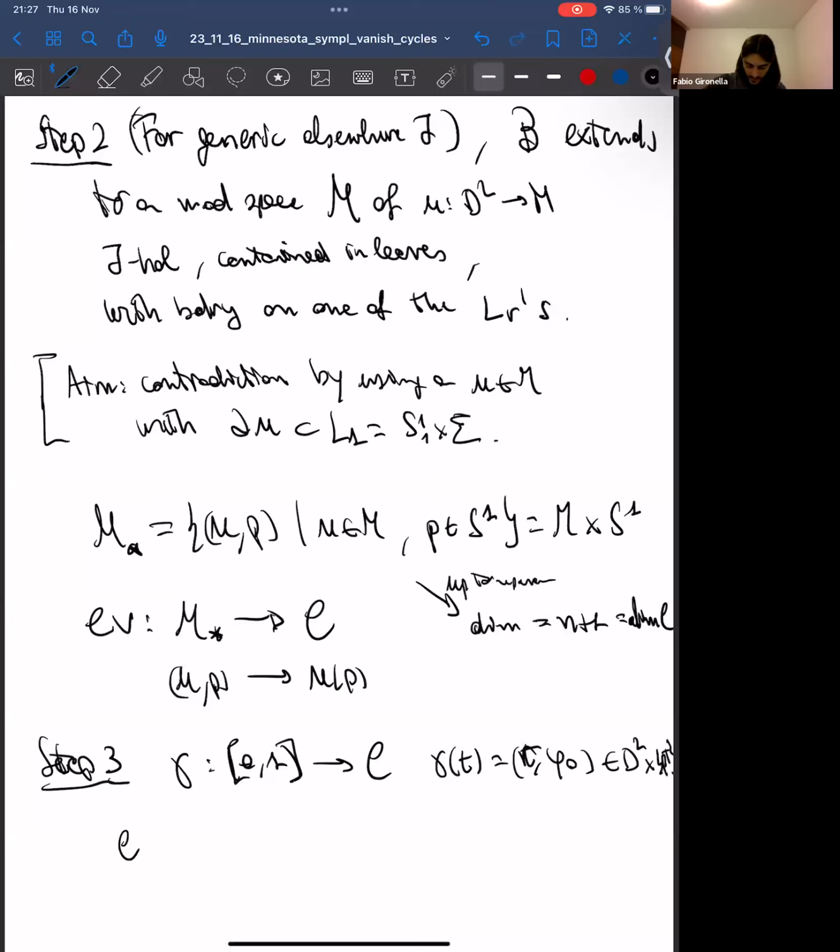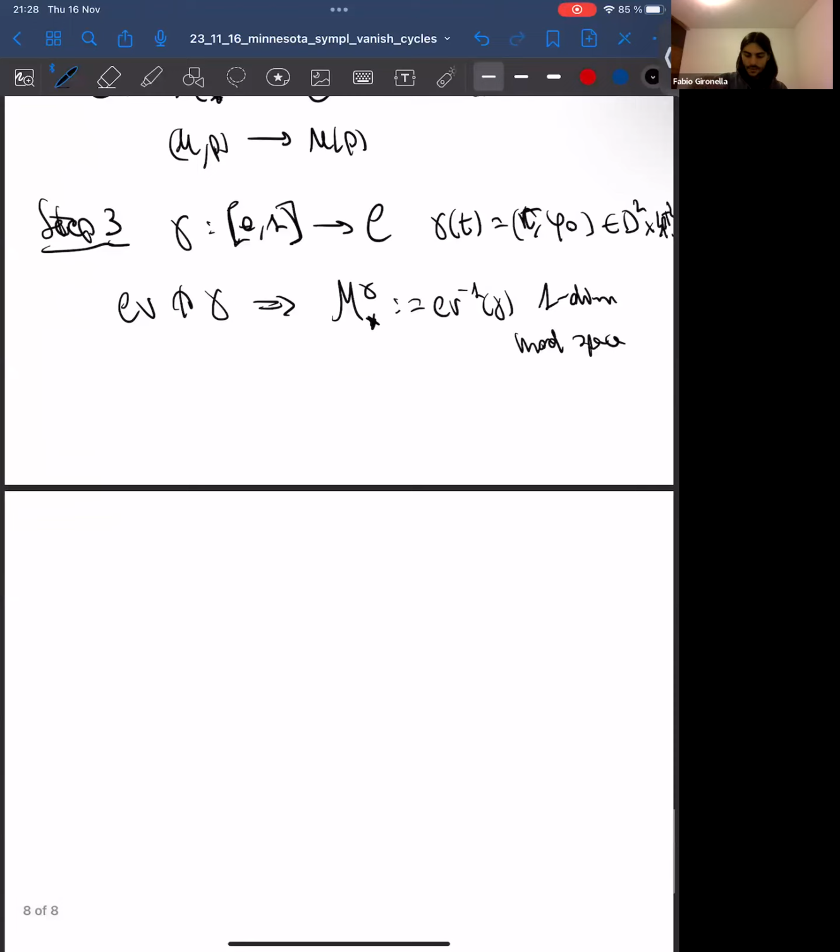So up to perturbation, we can assume that the evaluation map is transverse to gamma, so that we can pull back gamma, and this is a one-dimensional moduli space.